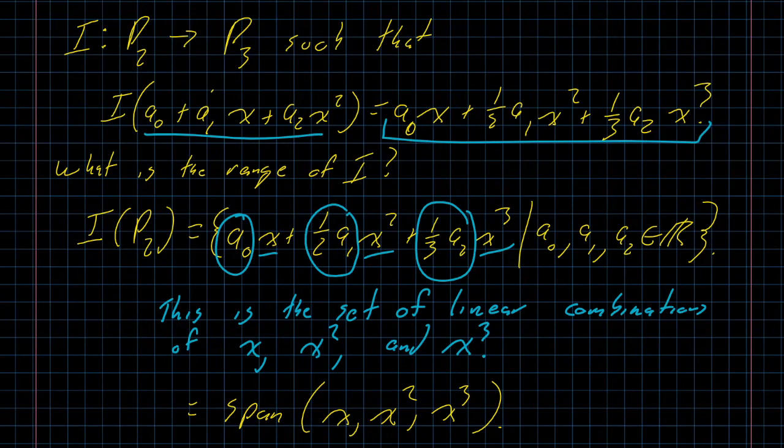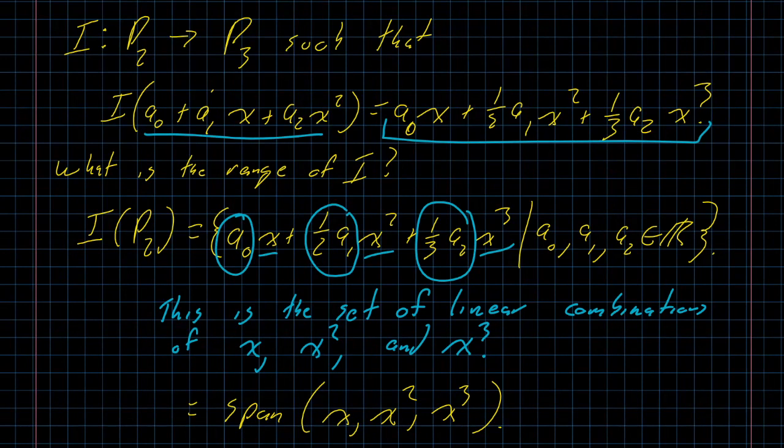I like talking about it in these terms because it really drives home that this is not the entire codomain. We've looked at the vector space of polynomials often enough that you know that x, x squared, and x cubed are linearly independent vectors. But there's only three of them.